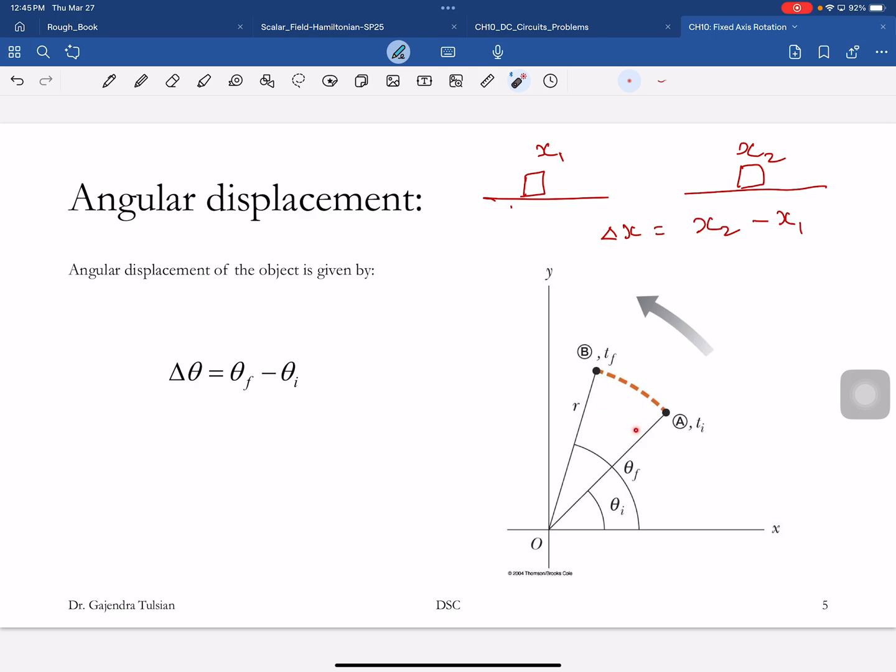Its angular displacement is this angle. For this object, we are measuring its angular position with respect to this axis, the x-axis. So let's say this is its initial position, and there is a final position. The angular displacement is the final angular position minus the initial angular position.